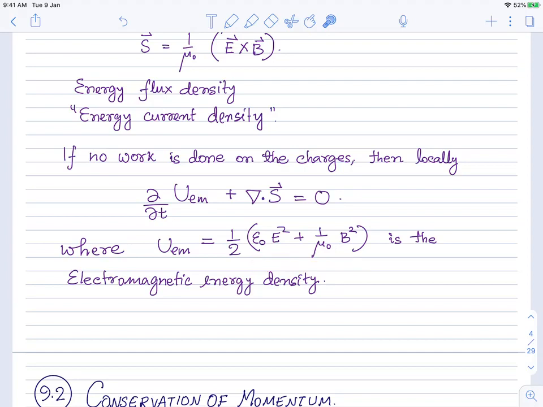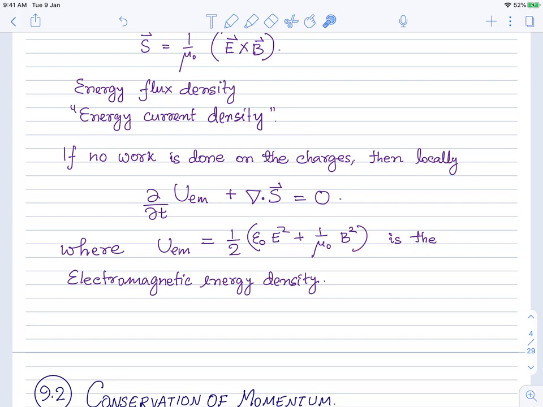I should also emphasize that in electrostatics you have seen that the energy density is half E squared, and in magnetostatics you have seen that it's half B squared. So in a situation where you have electrostatics and magnetostatics together, the energy density has to be half of E squared plus B squared.